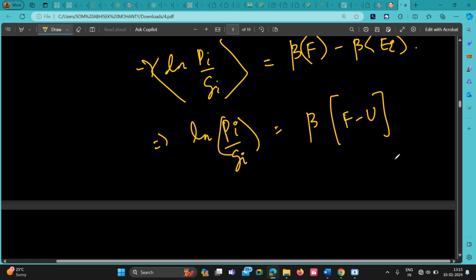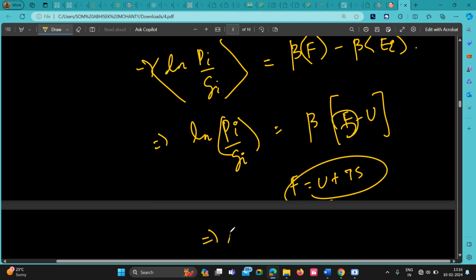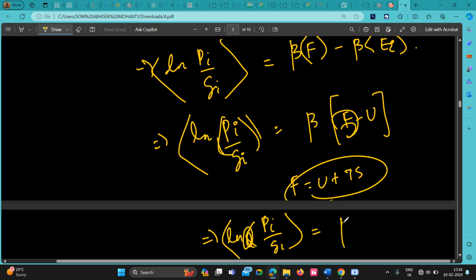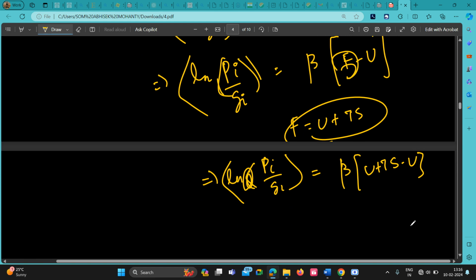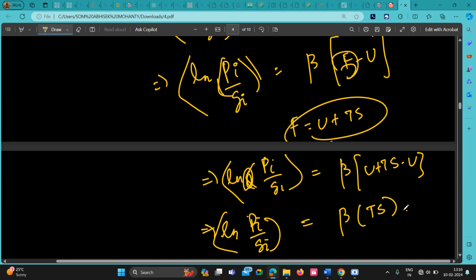Now what? Now we know F is equal to U plus TS. So in place of F, I will put U plus TS. So ln Pi by Gi is equal to beta times U plus TS minus U, so ln Pi by Gi is equal to beta TS.